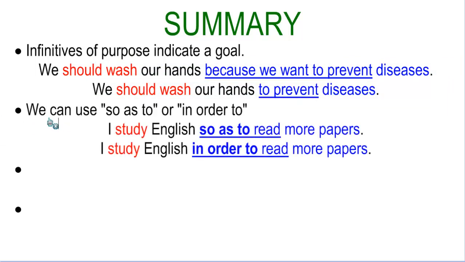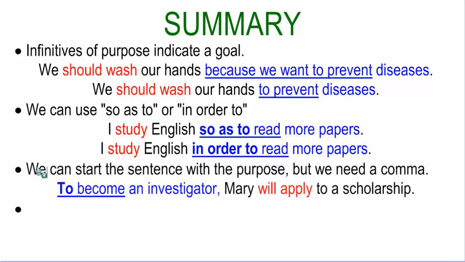Number 2, we can use so as to, or in order to. So you could say, I study English so as to read more papers, or you could say, I study English in order to read more papers. Number 3, we can start the sentence with a purpose, but we need a comma.